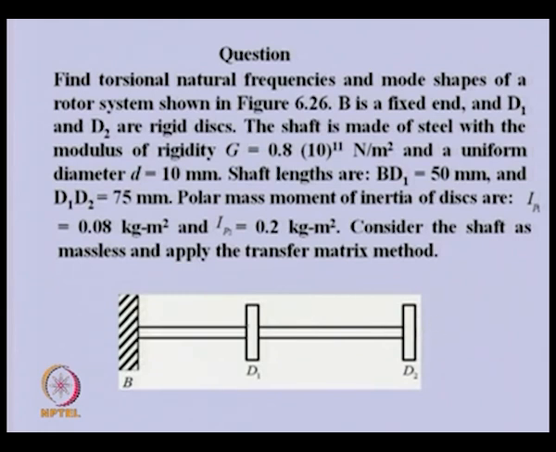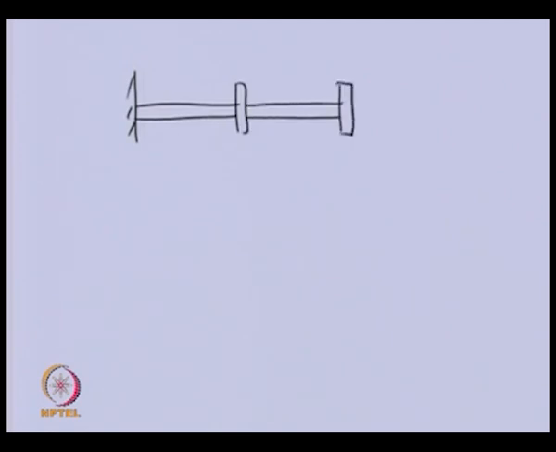So in this particular case, let us see, if we have two disks, this can be station 0, station 1, station 2. So you can see that we need to relate the state vector, which is here, right of 2, to the state vector right of 0, because there is no disk at station 0.